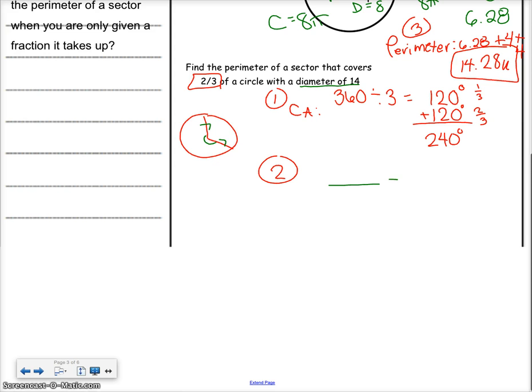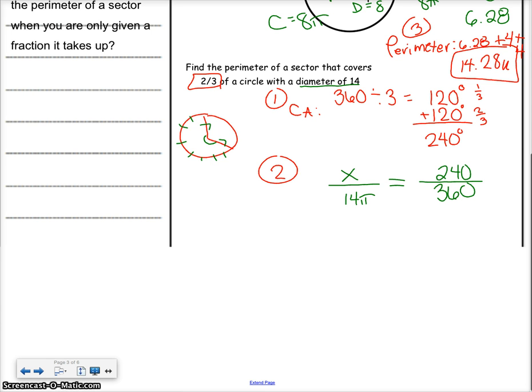And now I can create my proportion. Part of my circumference, that's this. That's what I'm figuring out here. Part of that is to the whole circumference, pi times diameter, 14 pi, as part of my degrees, 240, is to all of my degrees, 360.